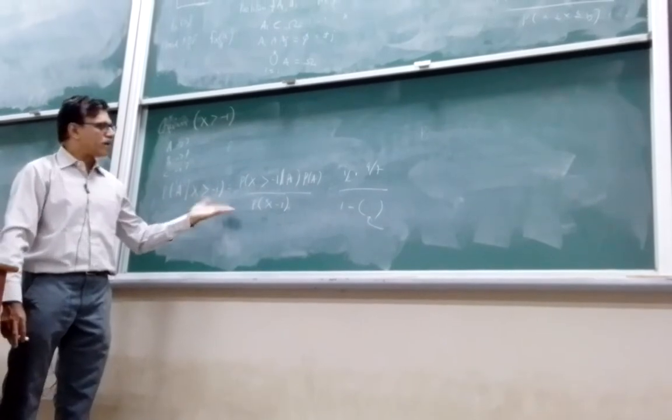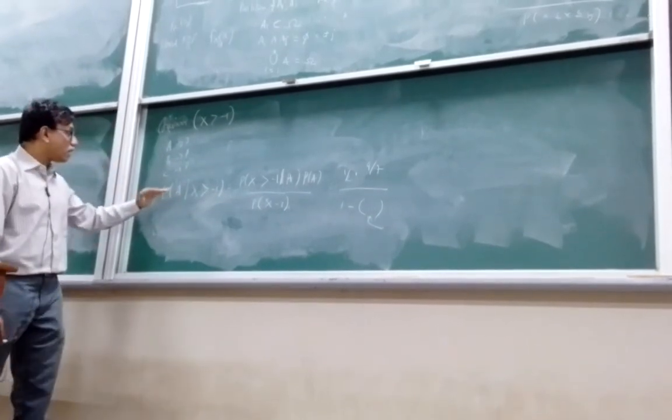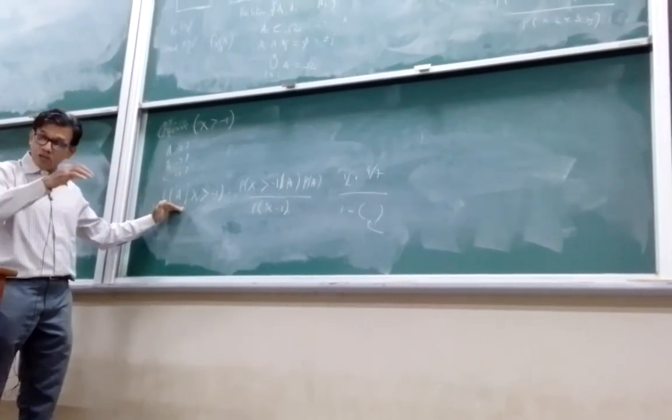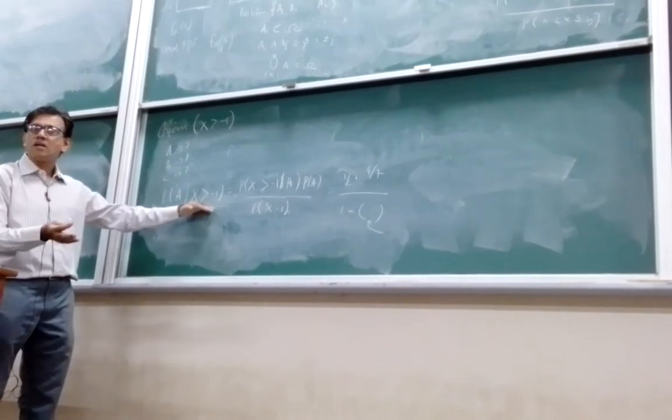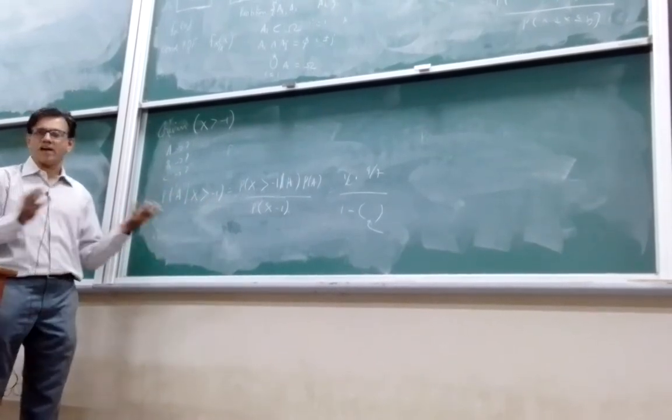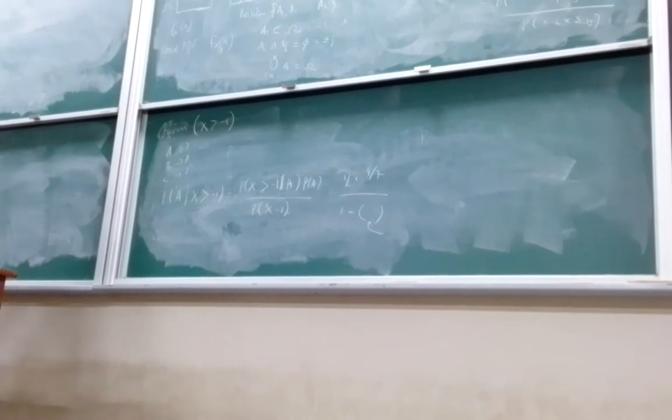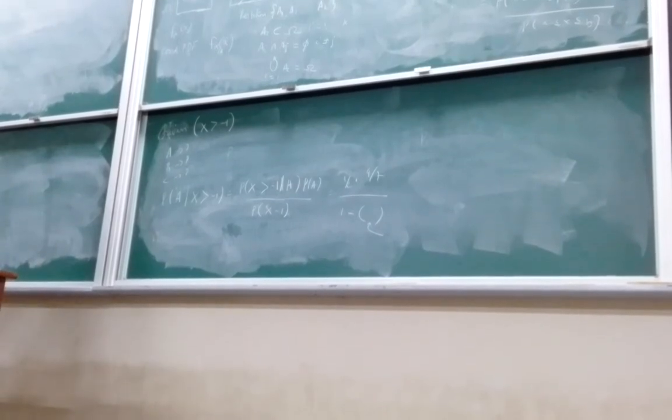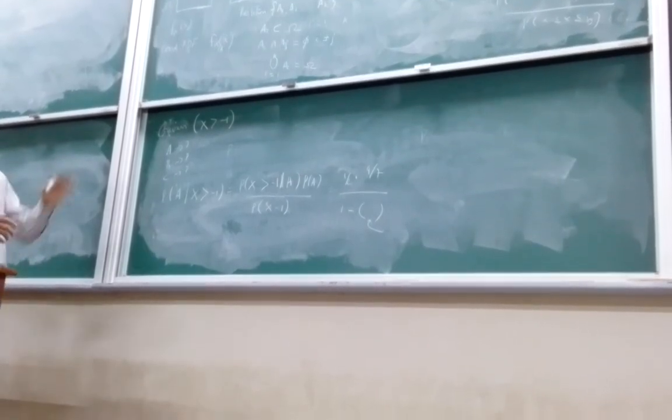So that is how we can apply the Bayes formula to get the probability that switch A is closed given this condition. Similarly, find it for B and C and see which is largest. So Bayes theorem can be applied this way.